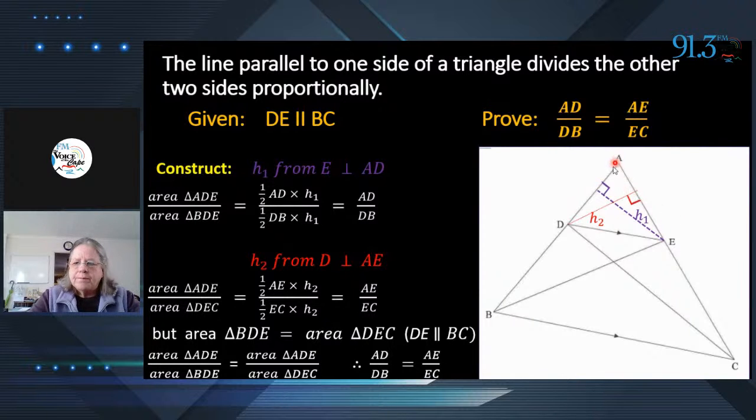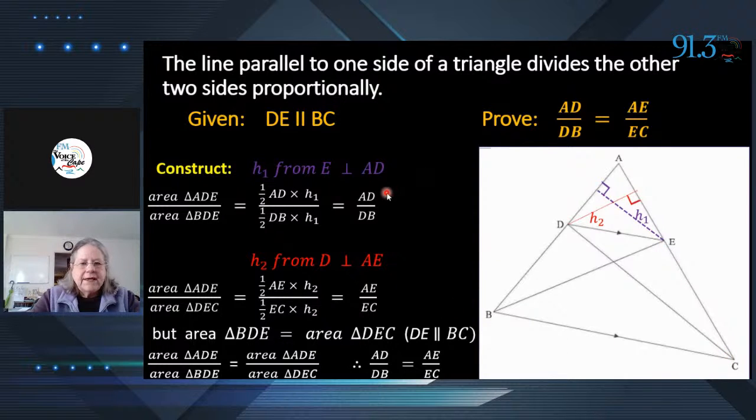We still use the top triangle, ADE over DEC. See this other triangle? We do the same as with H1: a half AE times H2 over a half times EC times H2. And similarly, we get rid of the halves, we get rid of the H2s, and we remain with AE to EC.